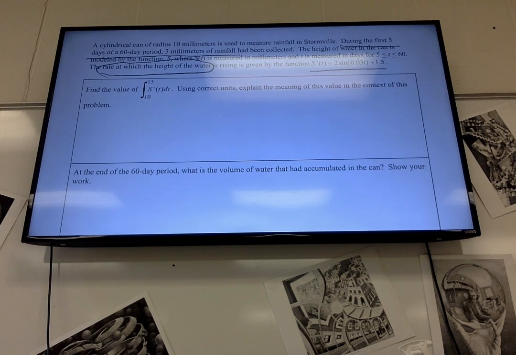We could probably do this without a calculator. All right, so the integral from 10 to 15 of S prime of T dt is equal to S of T, evaluated from 10 to 15.